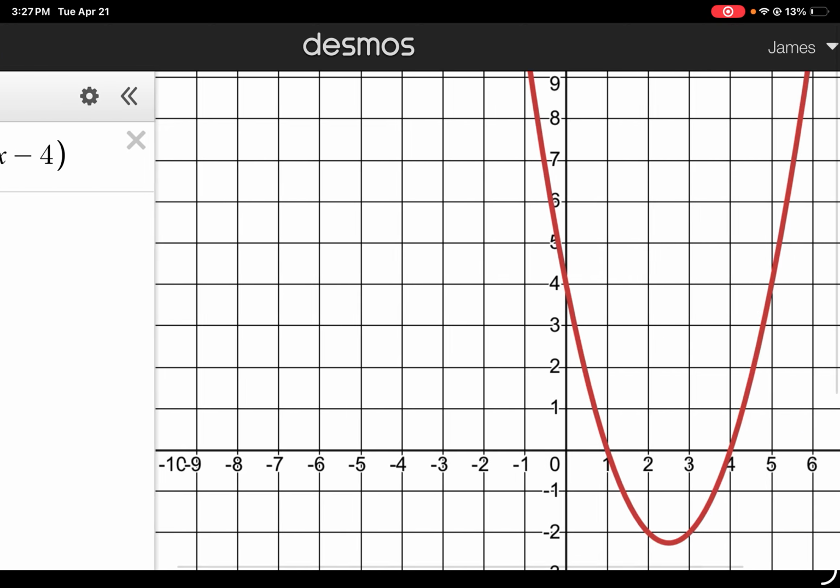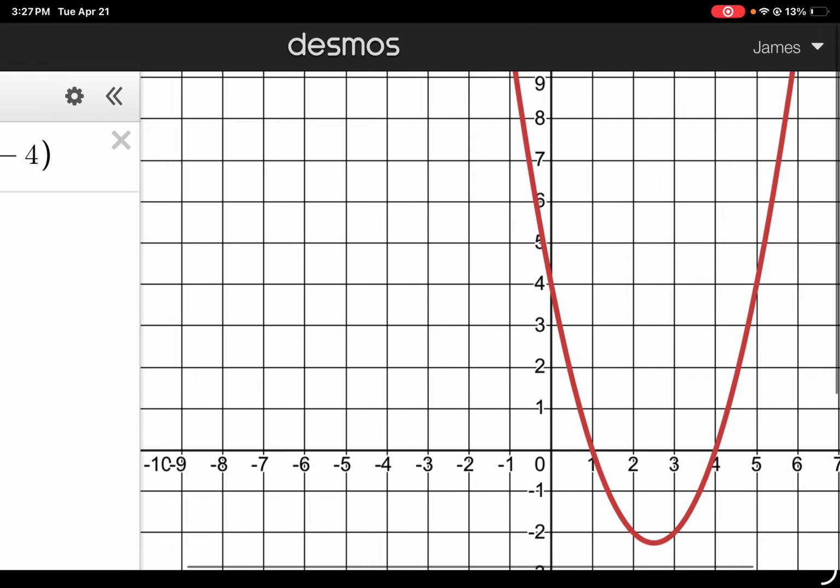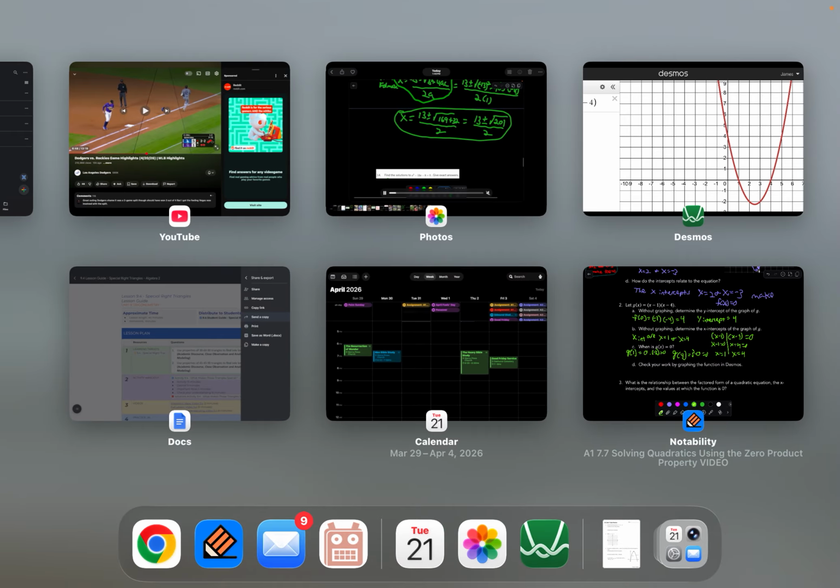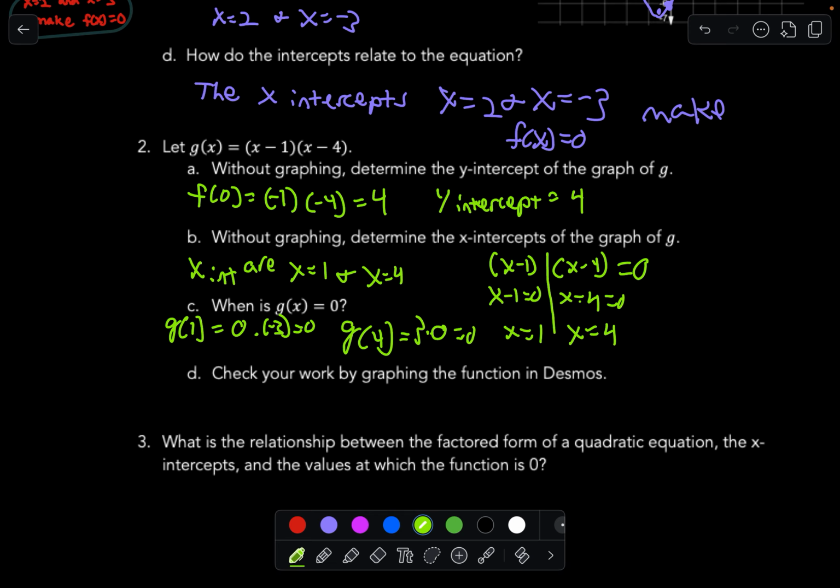And there it is. Notice the x-intercepts. I hope it was x minus 4, x minus 1. Yep. So they concurred.